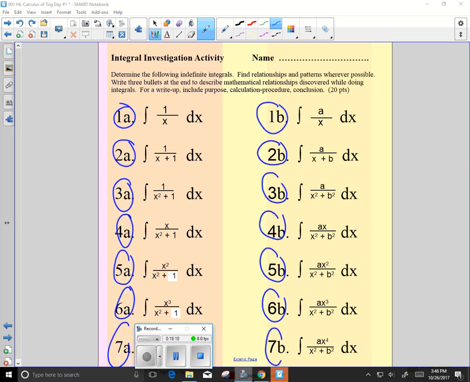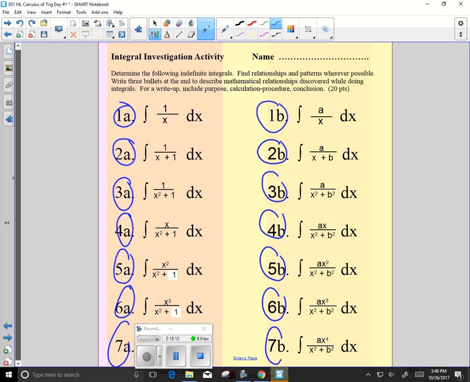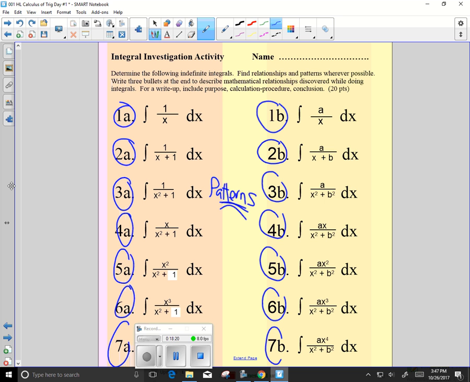But what I'm really interested in is that you can eventually find some patterns. The patterns are going to help you recognize when to use turn the knob, maybe arctangent, maybe u sub, maybe natural log, who knows. So work on that for Monday. Finish all 14 of these. You can work in groups of 2 or 3.